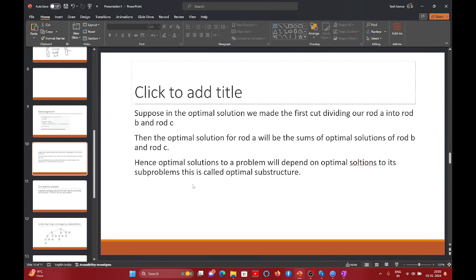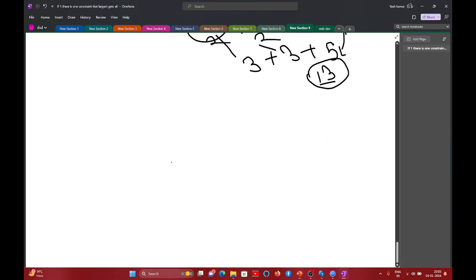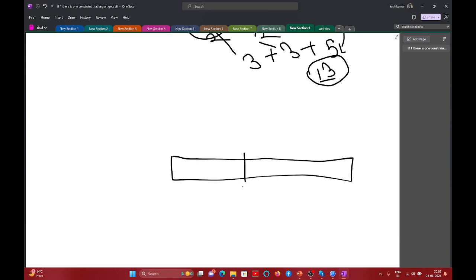What I'm trying to say is, suppose we have a rod and in the optimal solution we cut it somewhere here. I don't know where, but I'm just assuming it is here.